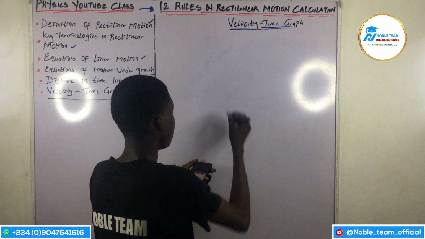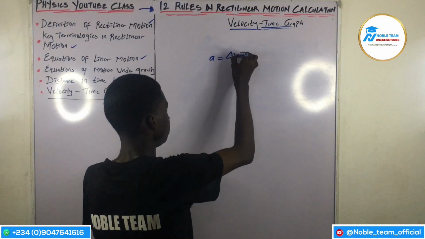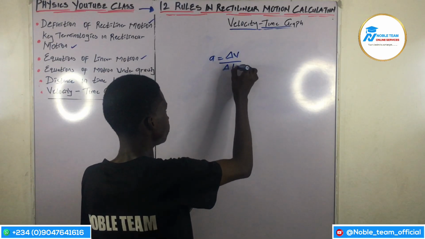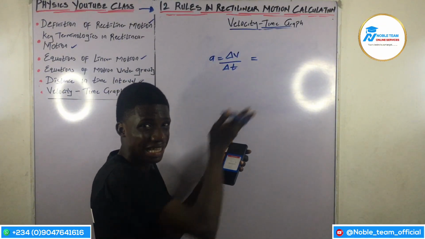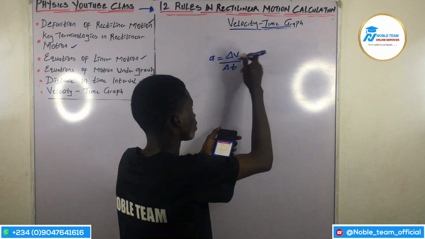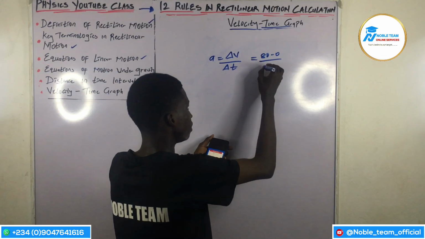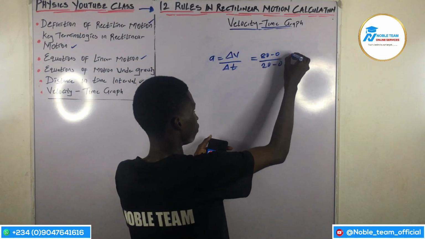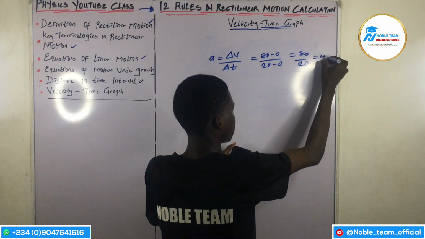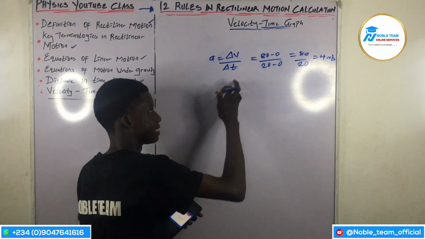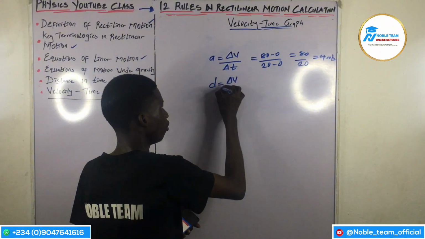So we have A is equal to change in V over change in T. Now, coming to this, the point that it accelerates, then the velocity is what? 80 minus 0. Then we have our T is 20 minus 0. Then we have 80 divided by 20, which is 4 meters per second. Yeah, this is the acceleration part. Then the retardation part, which is also change in V over change in T.